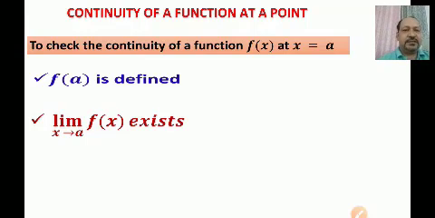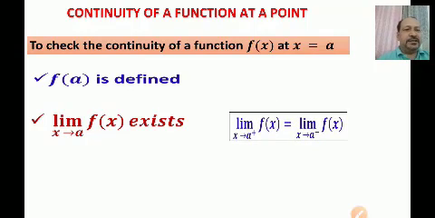The second condition is the limit as x goes to a of f of x exists. It means at that point both the left hand limit and the right hand limit should exist, that is, the limit as x goes to a from the right of f of x equals the limit as x goes to a from the left of f of x.